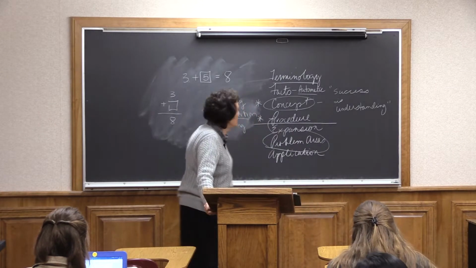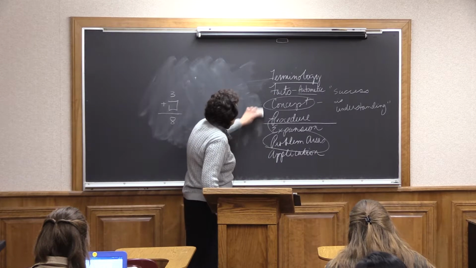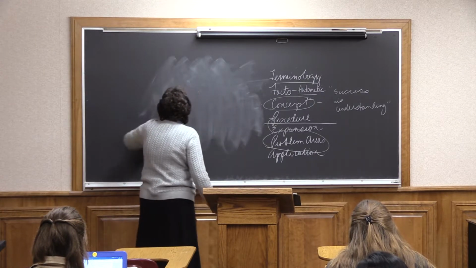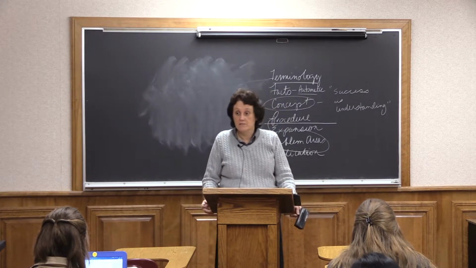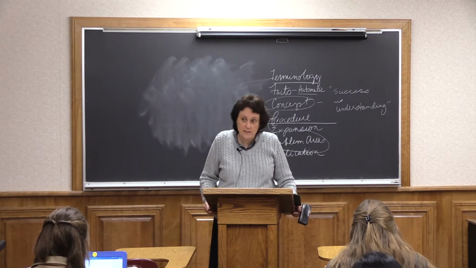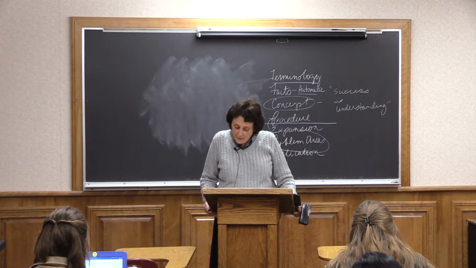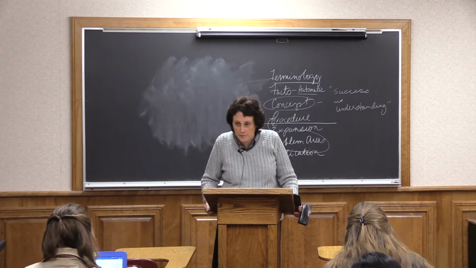Multiplication. We are paving the way. Where does multiplication really take off? Grade 3. So between the end of second grade and the beginning of third grade, and by the time we get to the end of third grade, we have to understand multiplication.